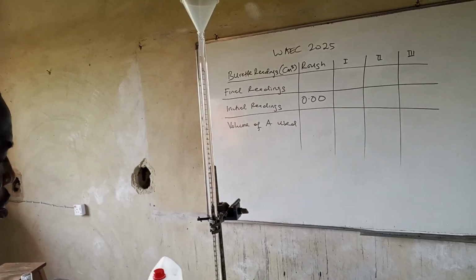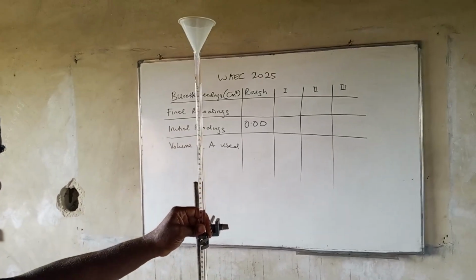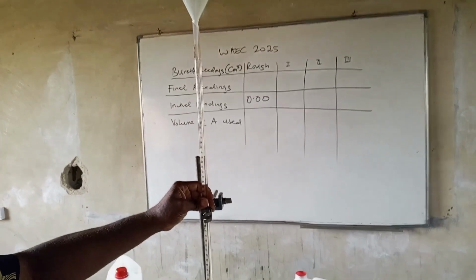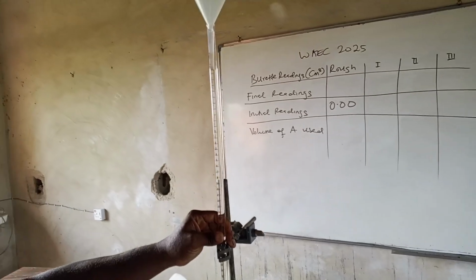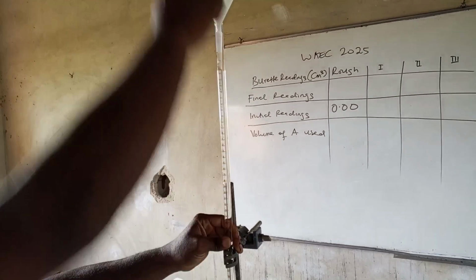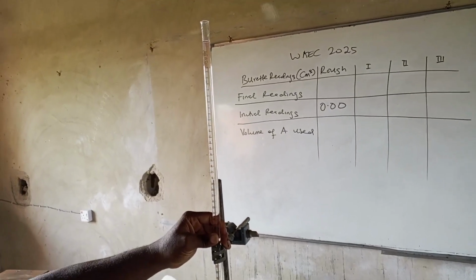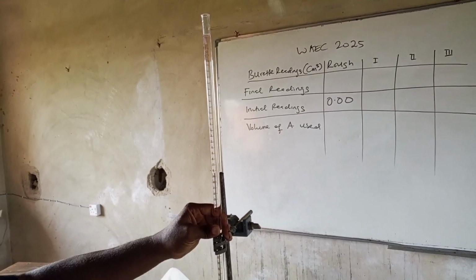So we have to correct the error. Let's bring it down because some acid is inside the burette. So remove the funnel now, and then adjust it once more to 0.